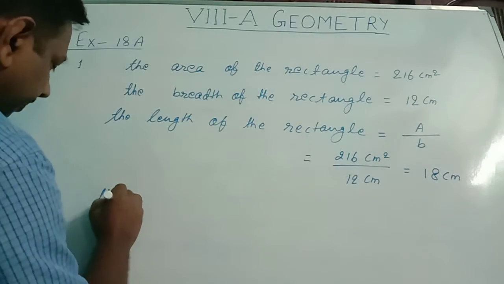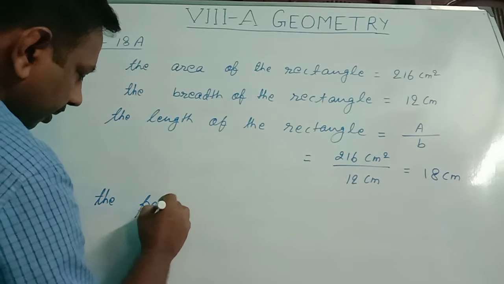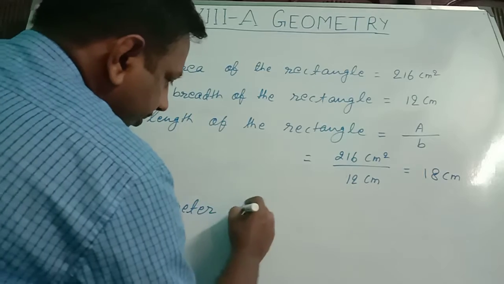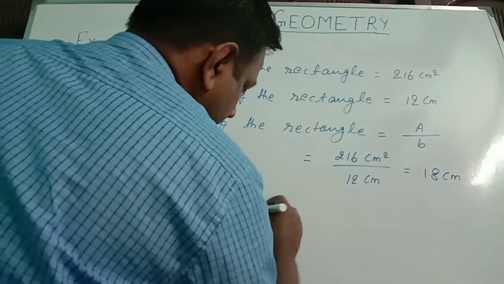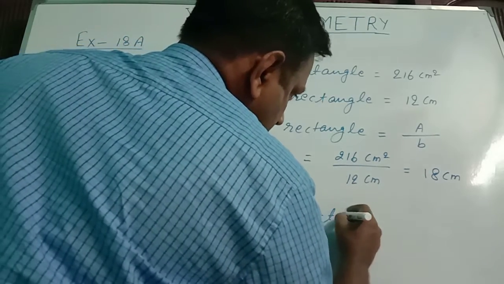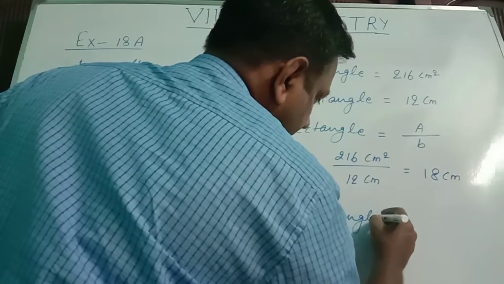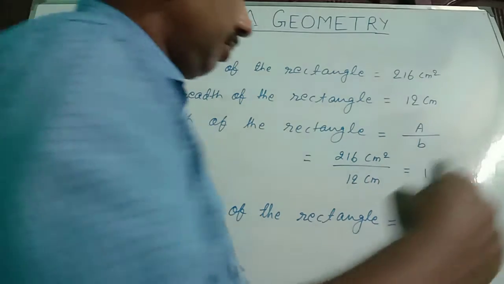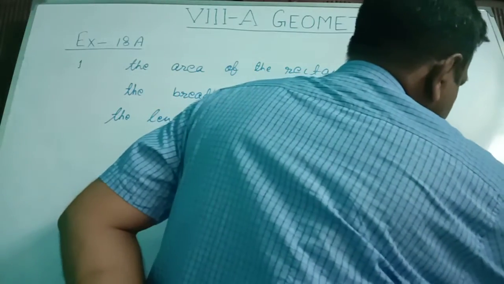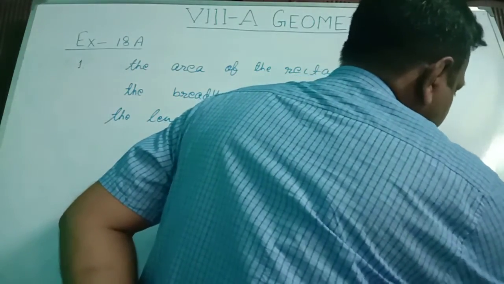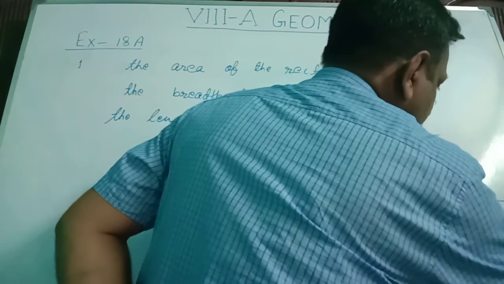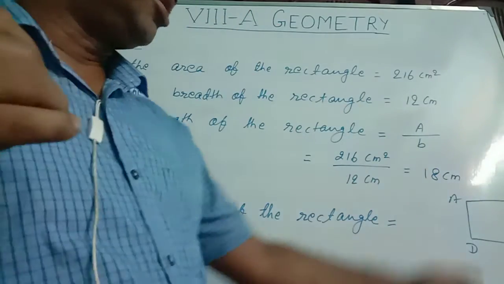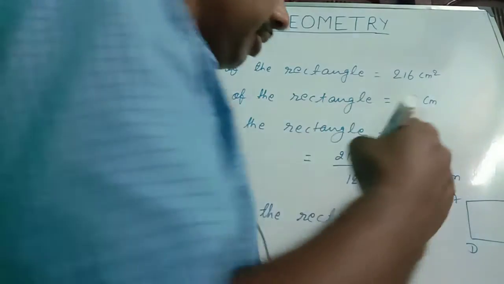The perimeter of the rectangle is equal to, for short, suppose ABCD is the rectangle, then the sum of all the sides is the perimeter.